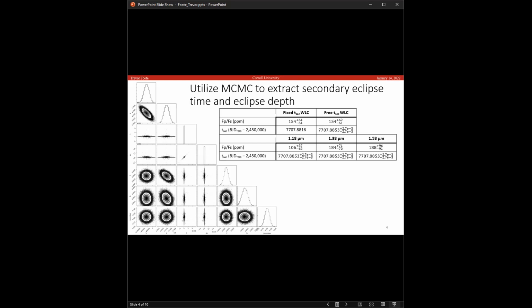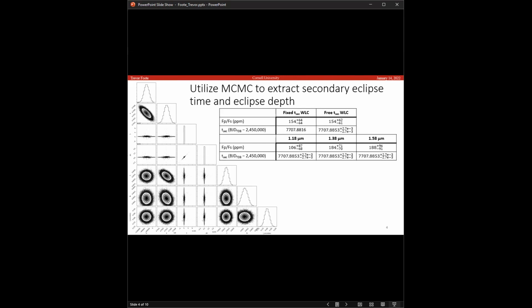Then we took the data and binned it down into 3 spectral channels at 1.18, 1.38, and 1.58 microns to try and probe the in and out of the water feature that we expect at 1.4 microns.